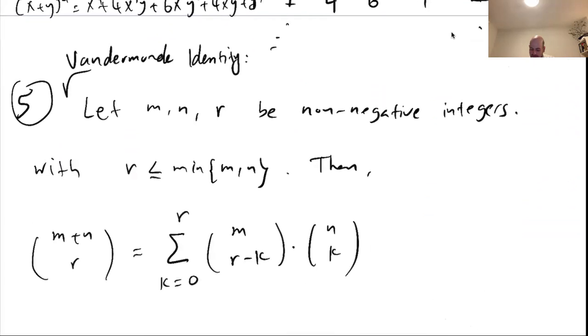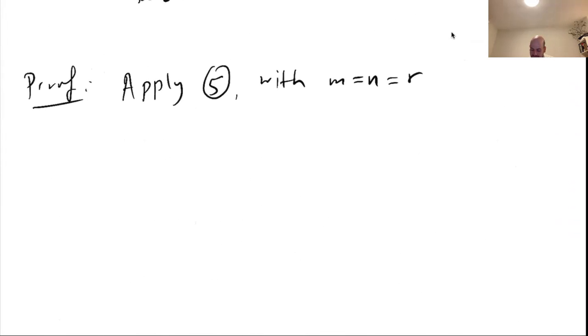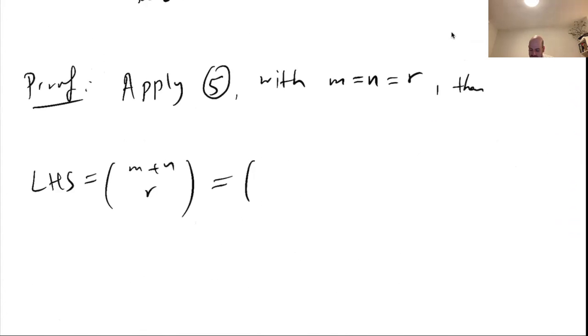Now m and n and r, all of them equal n here. So the left hand side is going to be n plus n choose n, which is 2n choose n.